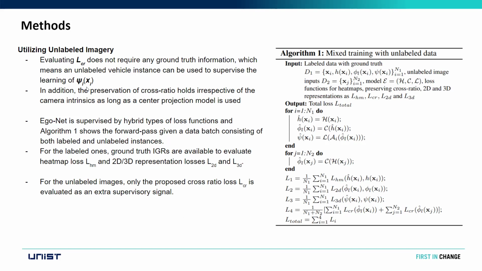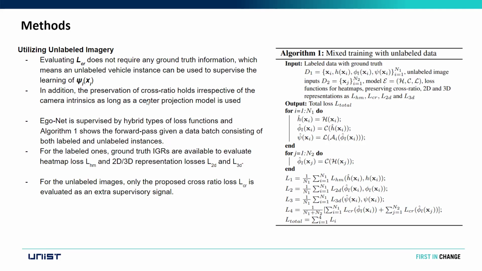And also, for the cross ratio loss, we do not require any ground truth information, which means that unlabeled vehicle instances can be used to supervise the learning of this IGR, the final interpolated cuboid. In addition, the preservation of cross ratio holds irrespective of the camera as long as the center projection model is used.